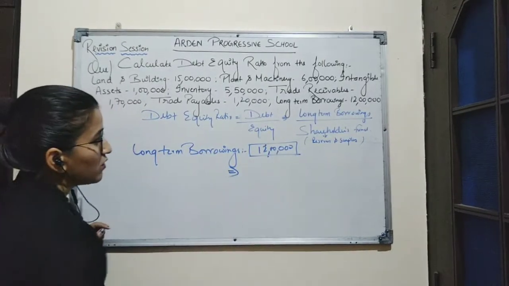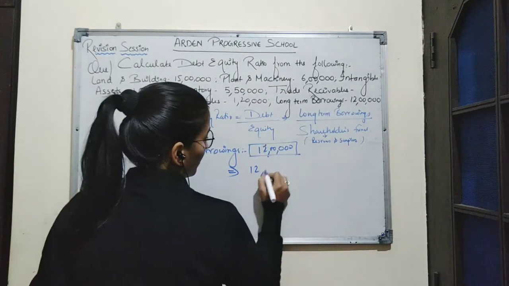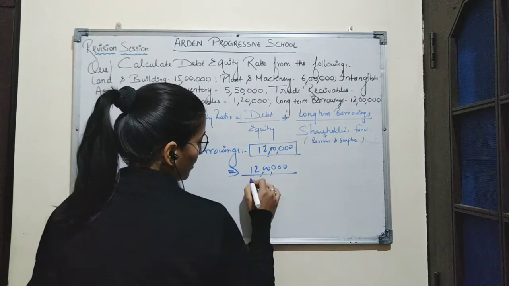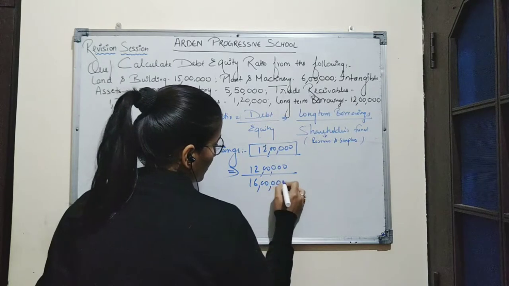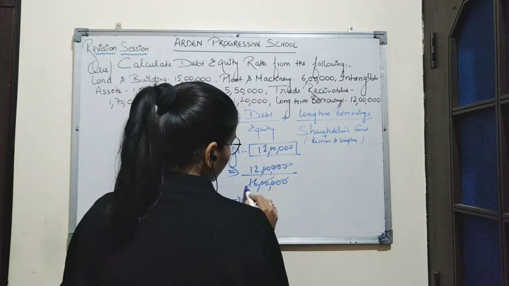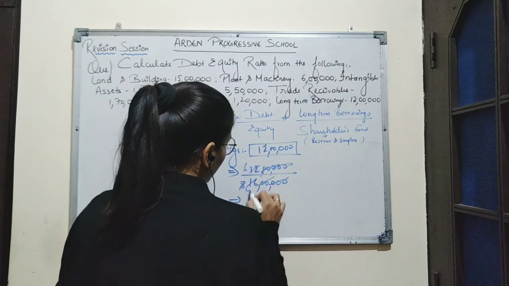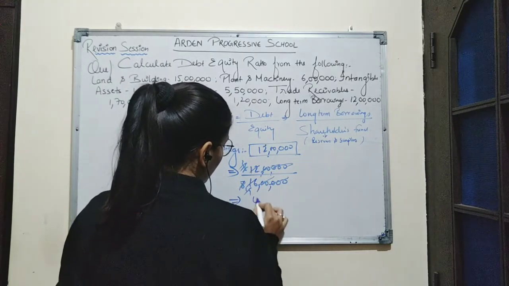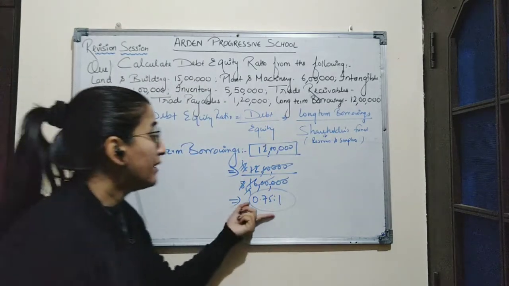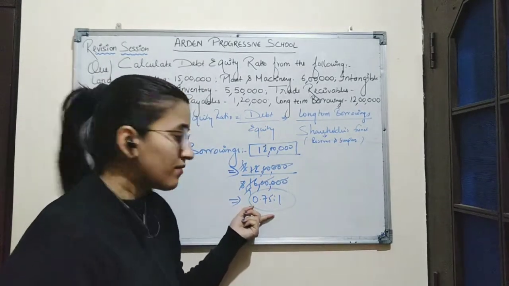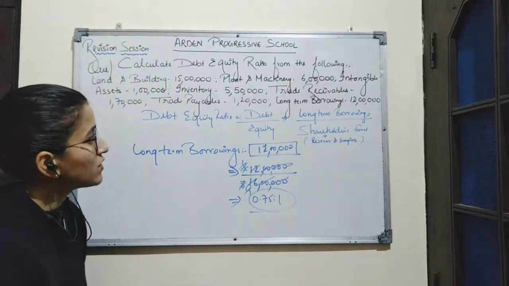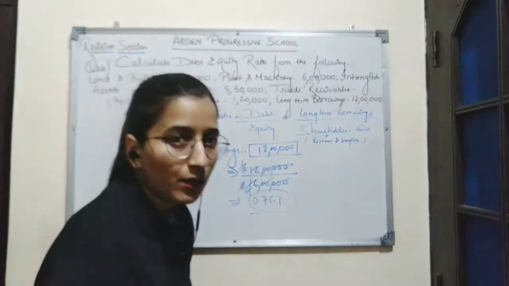So by putting the values in the formula, which is 12 lakh long term borrowing divided by 16 lakh shareholders fund, debt equity ratio is 0.75:1. This is how we solve the question based on debt equity ratio.